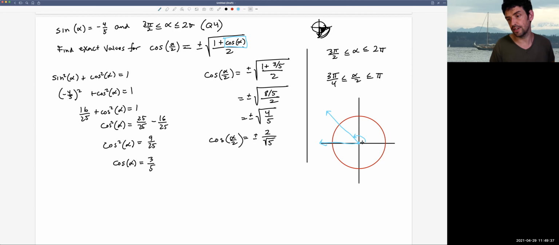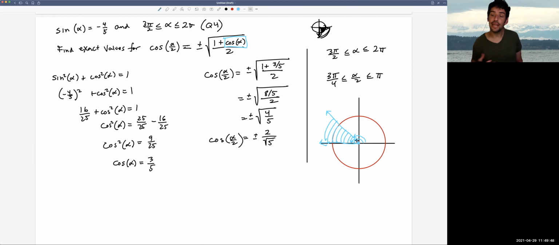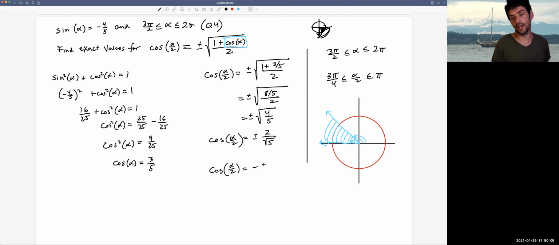So it's between this angle and this angle, which means it's in this region. So instead of being in a quadrant, we end up with it in an octant, 1/8 of the circle. And in this region, notice cosine, the x-coordinate, would be negative. And so our answer must be that cosine of alpha over 2 is negative 2 over root 5.